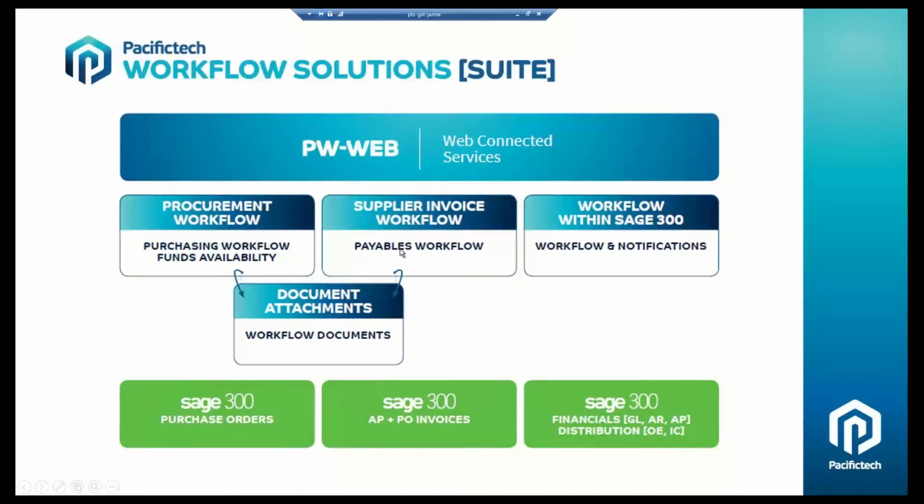Then in the middle is payables workflow, which is the AP automation area, and we'll cover that a little bit more shortly. And then on the right-hand side is workflow notification. This module provides workflows in 22 parts of Sage 300. For example, customer master files, vendor master files, general ledger account codes, IC items.